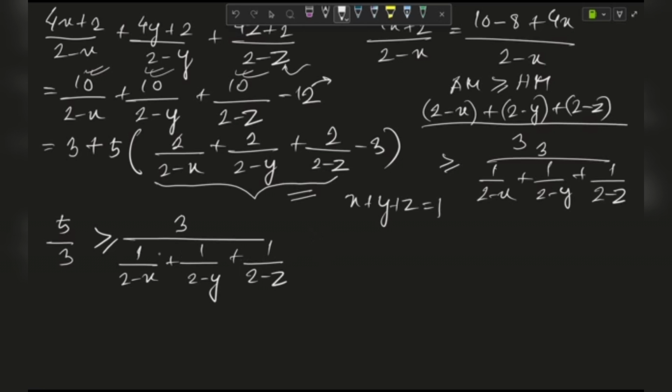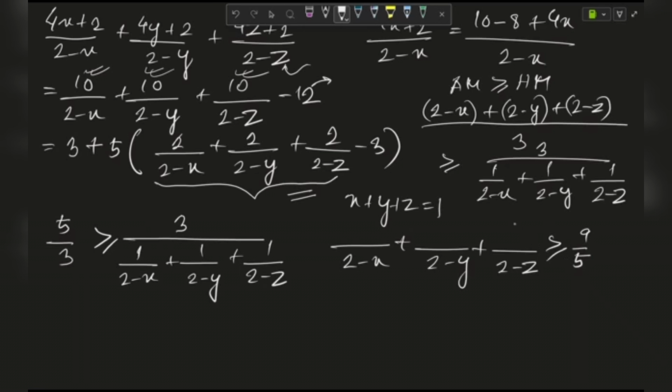Now I take this and cross multiply. So 1 by (2 minus x) plus 1 by (2 minus y) plus 1 by (2 minus z) is greater than or equal to 9 by 5.